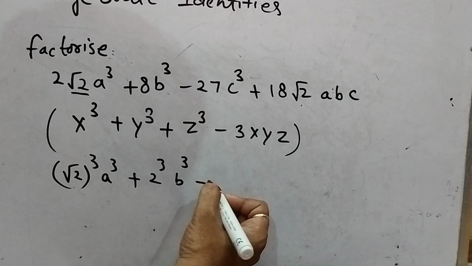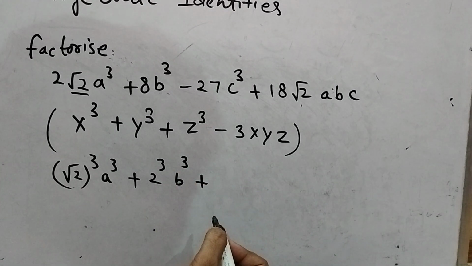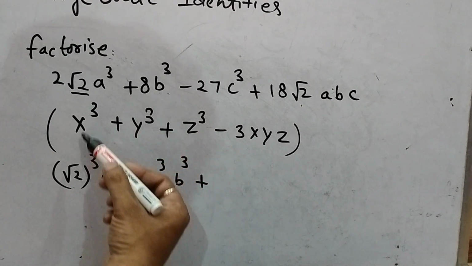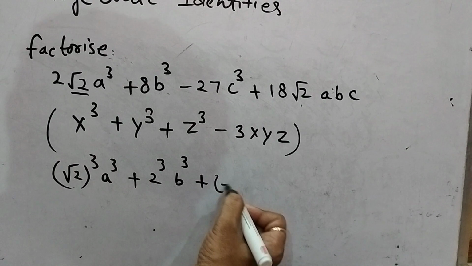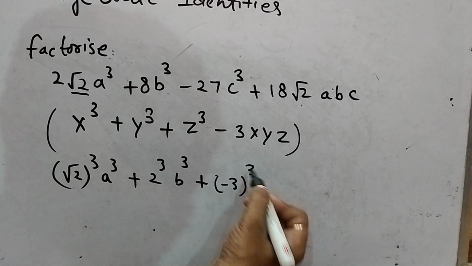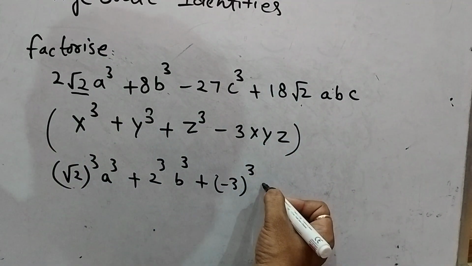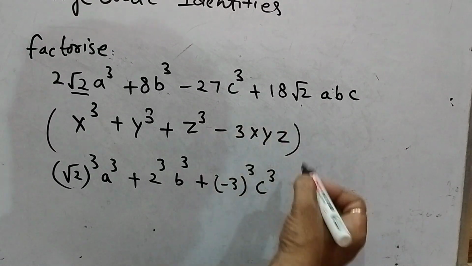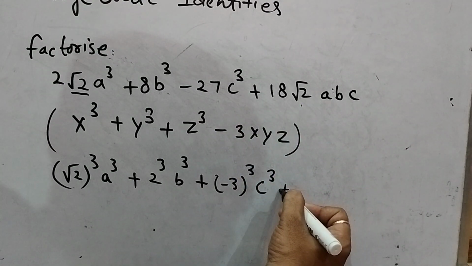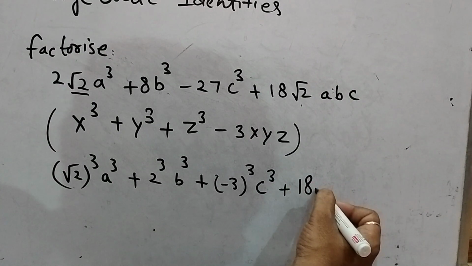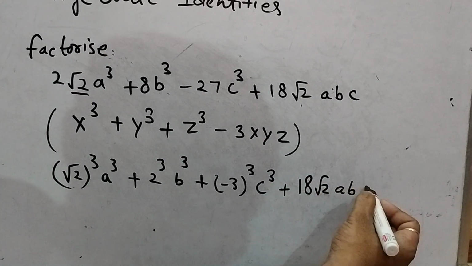Minus, we can use plus here because we have the identity with plus. Now minus 27 can be written as minus 3 whole cube, we all know 3 3s are 9, 3 9s are 27, and c cube. Now we have minus, so leave it here, 18 root 2 abc.